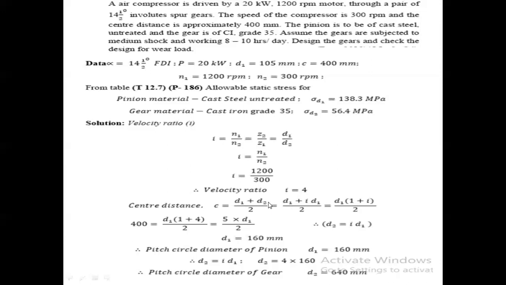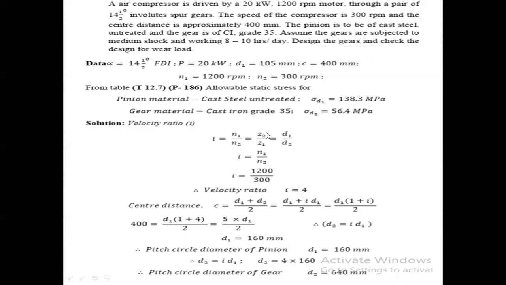Substituting here, the only unknown variable is d1, so I get d1 as 160 mm. Substituting in the velocity ratio condition, d2 is i into d1, that is 640 millimeter. So we have found the values of d1 as well as d2.